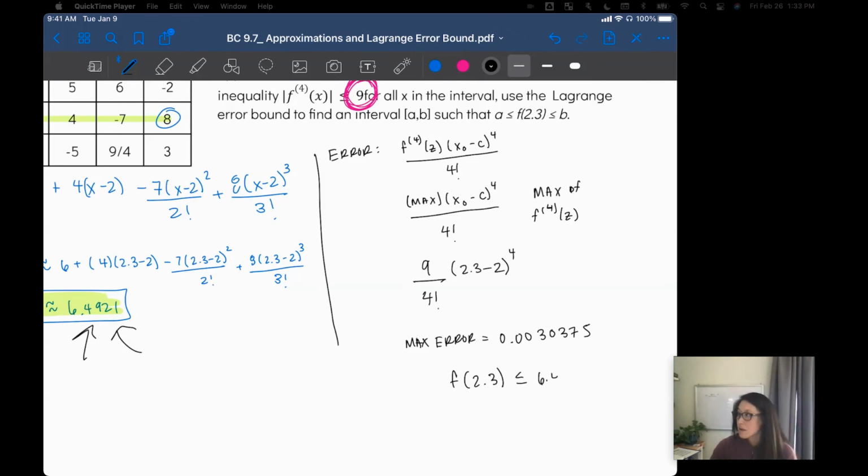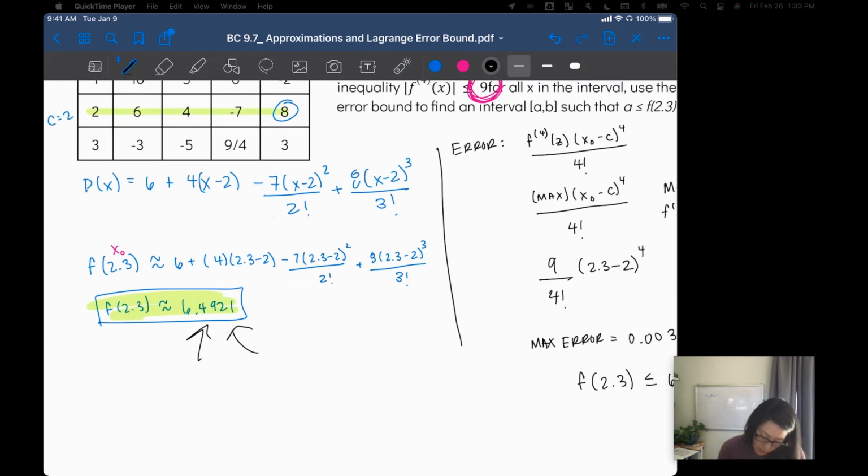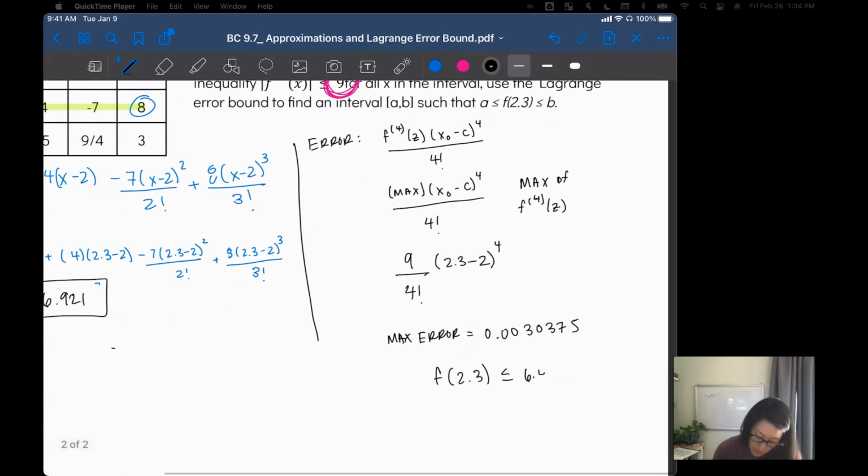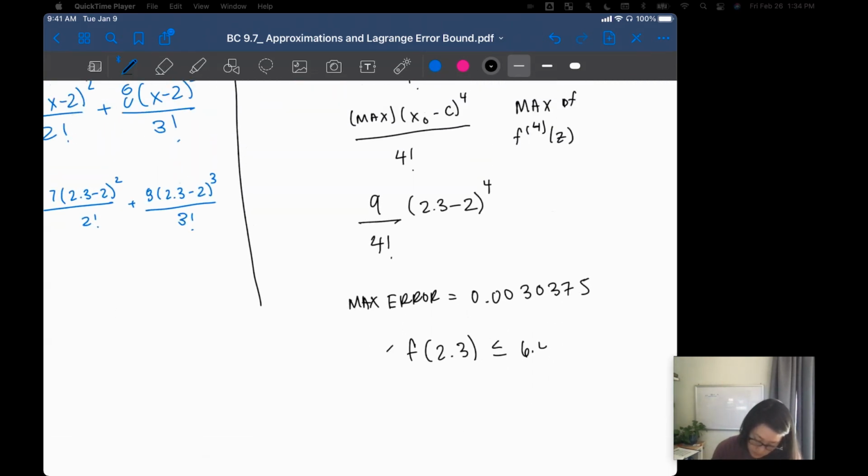Let me double check. Okay, so I made a mistake, and the estimated value of the function is 6.921. So take out that little 4 that I accidentally put in there.